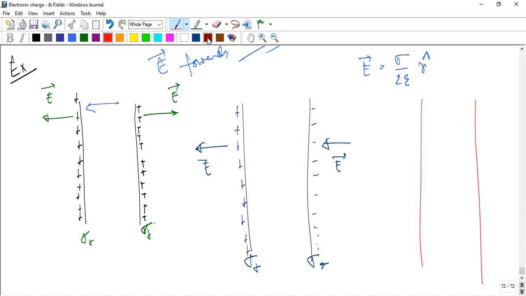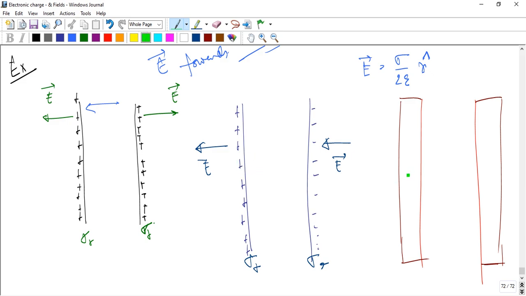And choose another plate, one negative and one positive. Suppose the plate has some thickness, like that. If I zoom in, you see the thickness.